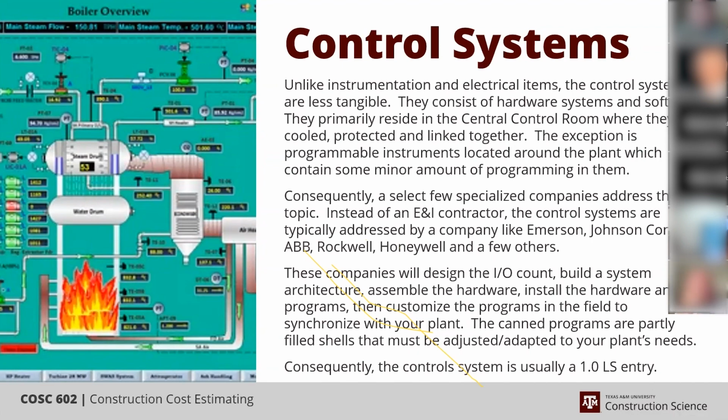This is how I want it to operate. And so once they start getting an idea of the IO count and the architecture that they want to put together, they can start also determining what hardware they're going to use, what servers, what computers, and cabinets and so forth. And then they'll design it all.